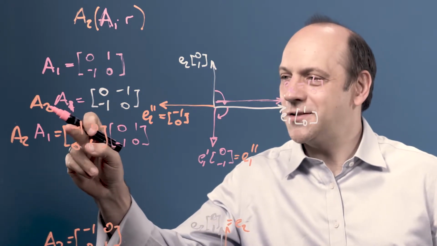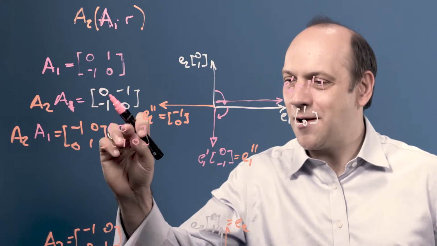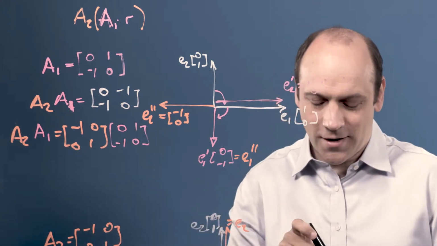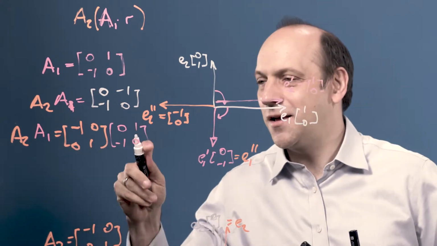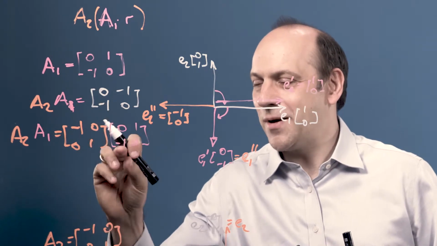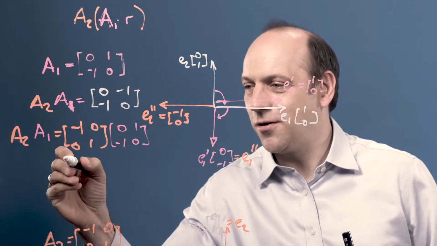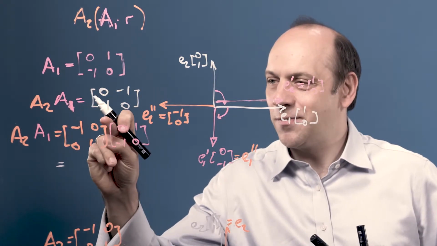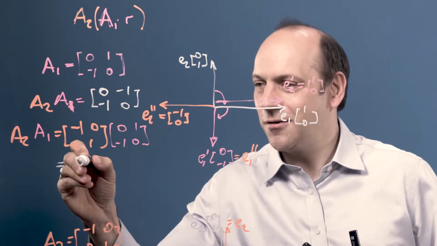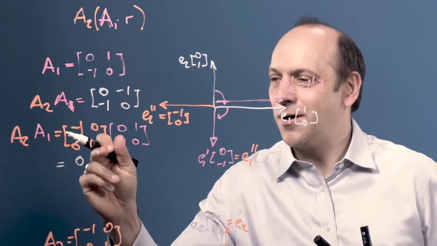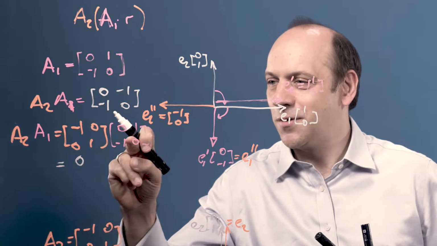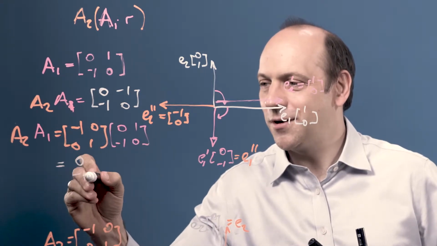I just have to do this matrix to that basis vector, and then this matrix to that basis vector. So I do that row times that column, and that gives me -1 times 0 plus 0 times -1, which gives me 0. And the second row, first column, gives me 0 times 0 plus 1 times -1, which gives me -1.